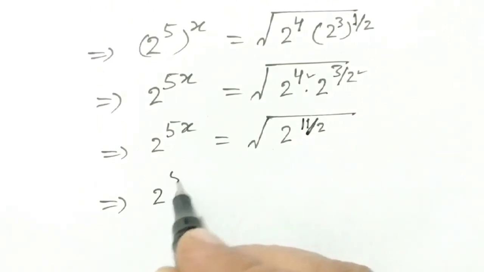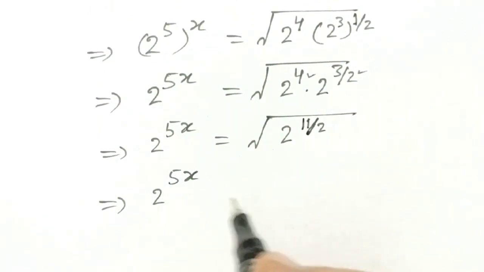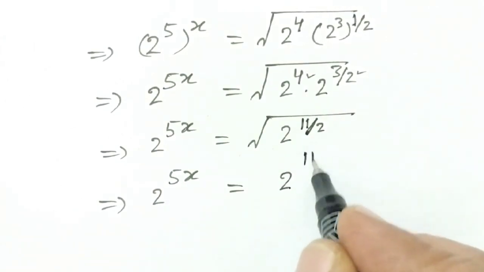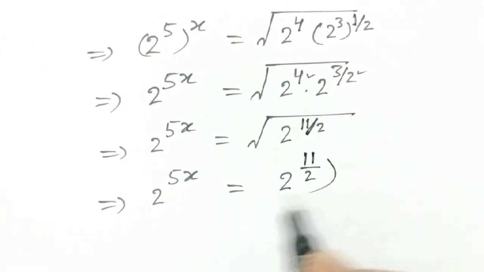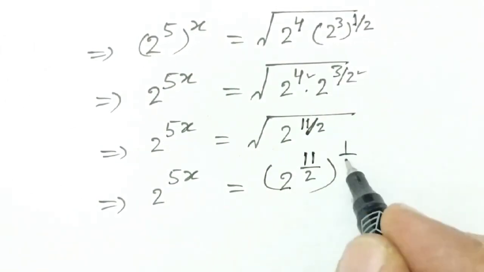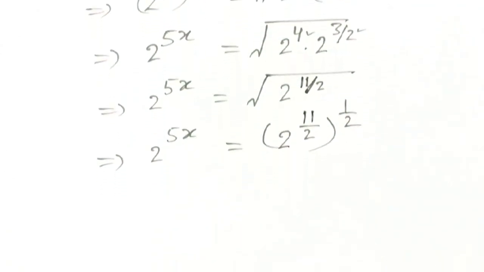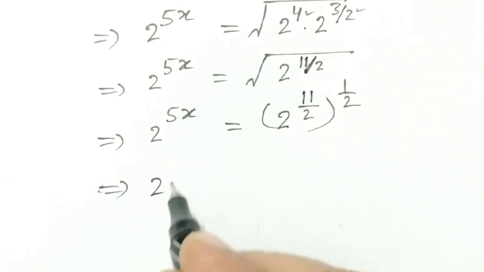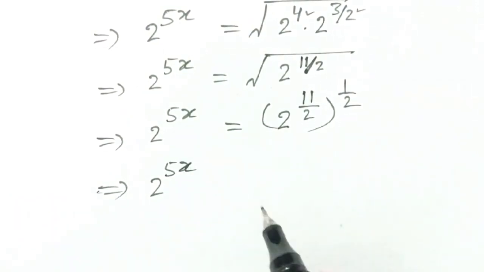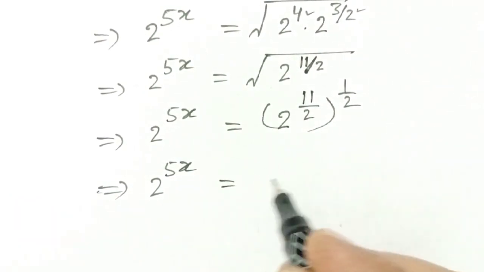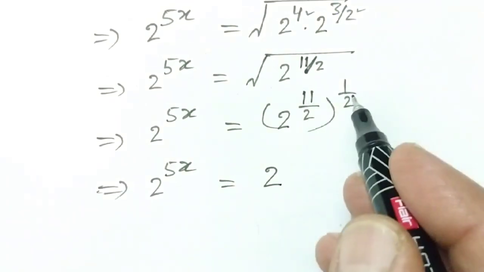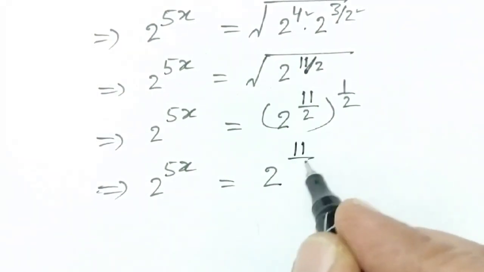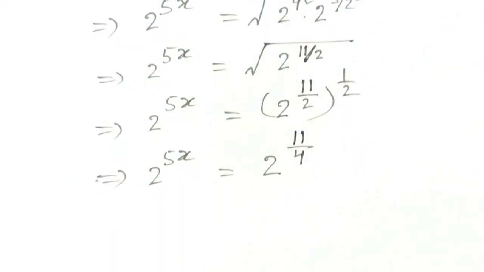Now 2 to the power 5x is equal to 2 to the power 11 by 2, to the power half, right? Now 2 to the power 5x is equal to 2 to the power, this will get multiplied, so 11 over 4, right?